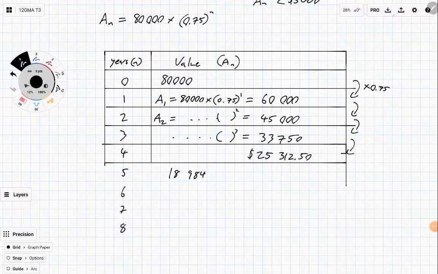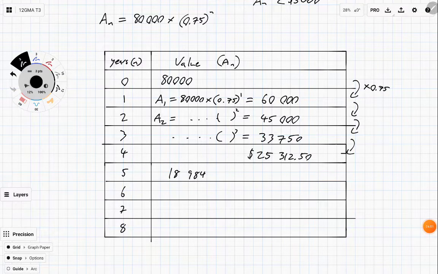18,984. Let me fix up my table. The next value, oh sorry, I didn't round that previous one properly. It was 0.38. The next one is $14,238.28. Repeating again, we get $10,678.71. Repeating again, we get $8,009.03.